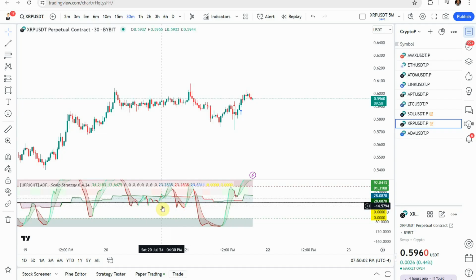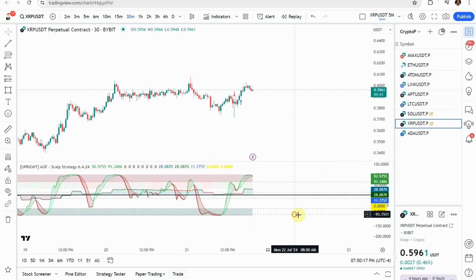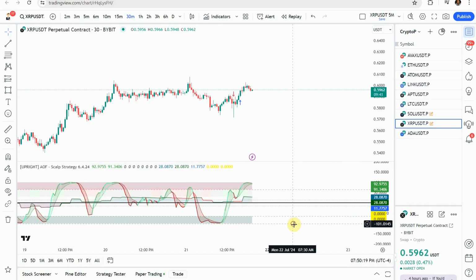The indicator that I developed, or at least I developed a series of indicators that Mike from Upright Trading coded all into one indicator. And that's what this is here on the bottom of the screen. This is also a sneak peek to anyone who might be interested in the Academy of Forex indicator and want a little bit more information on it, or want to see how it functions.